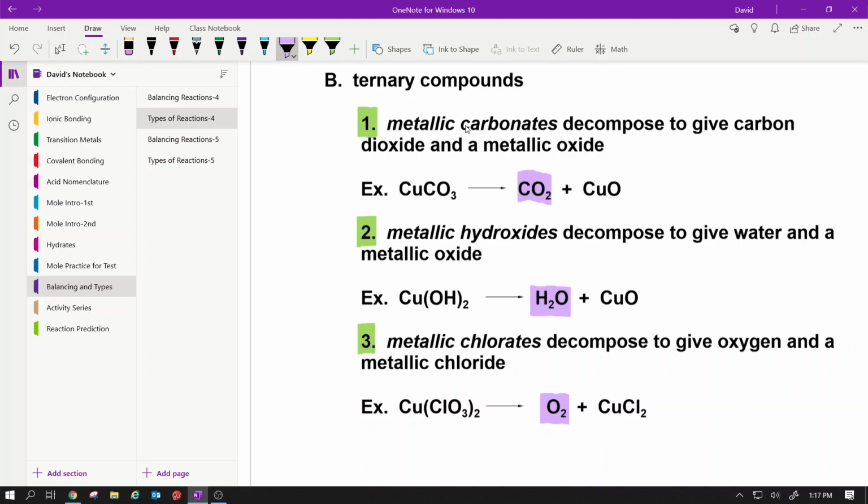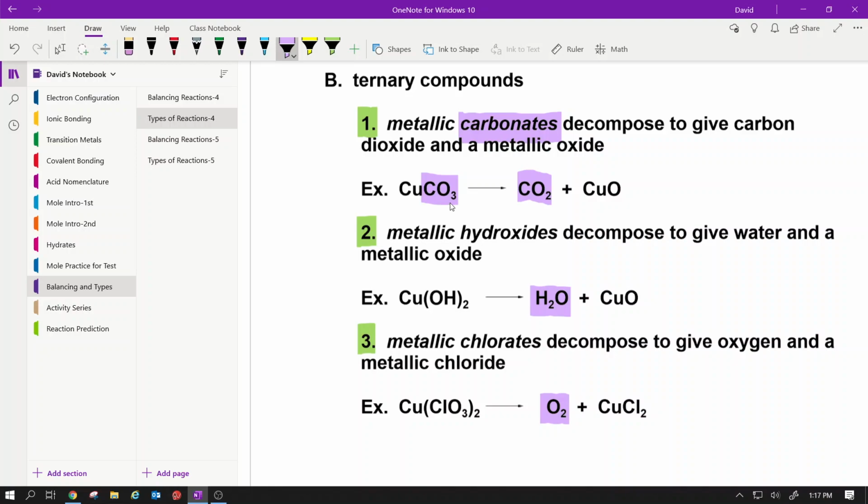Here's our first pattern, carbonate. When you end up with something that's a carbonate, what's the chemical formula for a carbonate ion? Carbonate, CO3. But what does that remind you of?